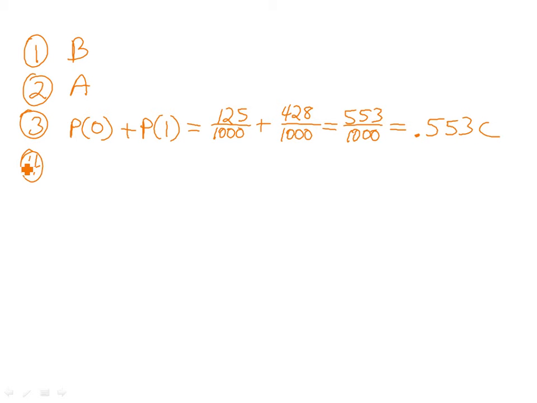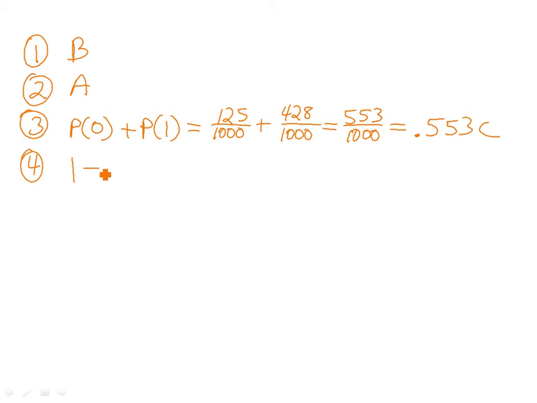Number 4, random variable X represents the number of cars per household in town, 1,000 households again. Find the probability of randomly selecting a household that has at least 1 car. So if it's at least 1, that means it could be 1, 2, 3, or 4. So all we really want to get rid of is the probability of 0. So I'm just going to take 1, that's the whole probability.